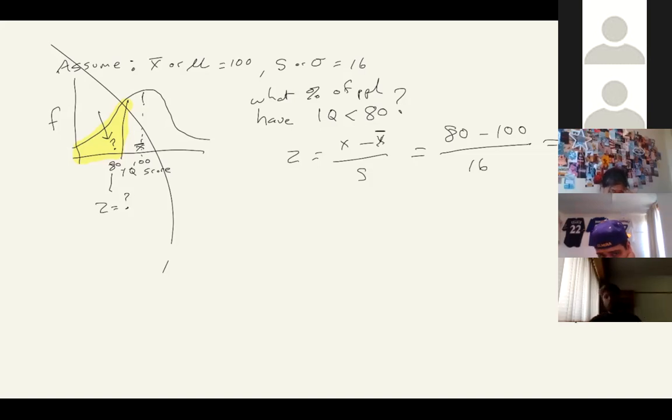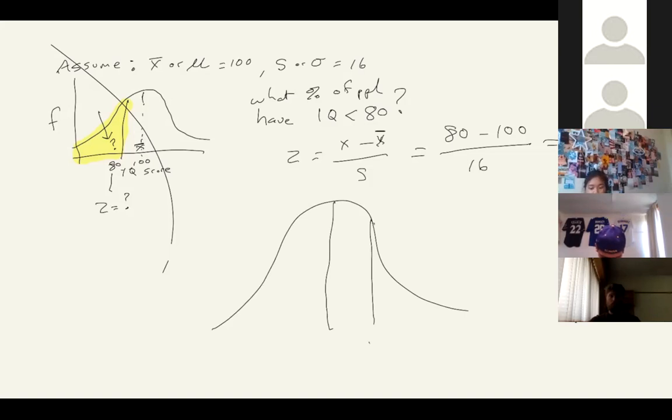The next column is, I will draw for you. For any Z score, that next column is telling you the area between Z and the score.